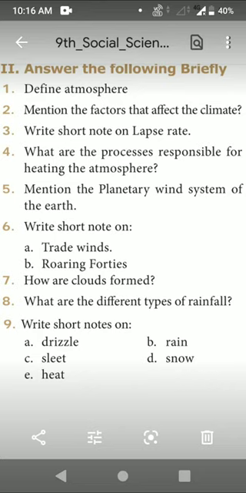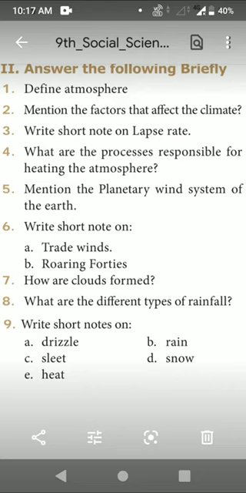The winds which constantly blow in the same direction throughout the year are called the planetary winds. They are also called permanent winds or prevailing winds. Why are they considered permanent? Because they won't change; they are constant throughout the year. These winds include trade winds, westerlies, and polar easterlies.